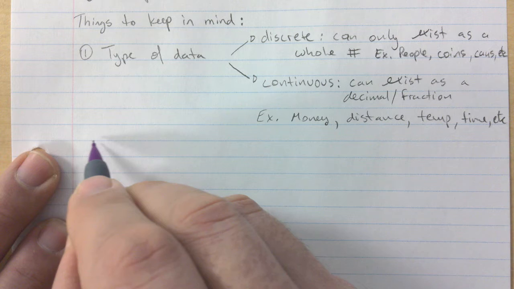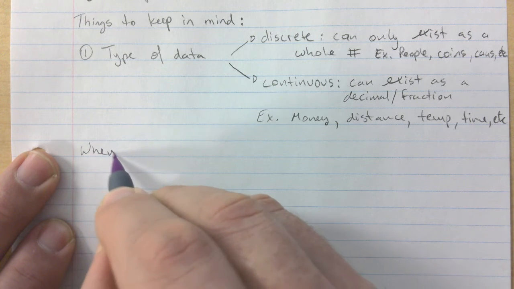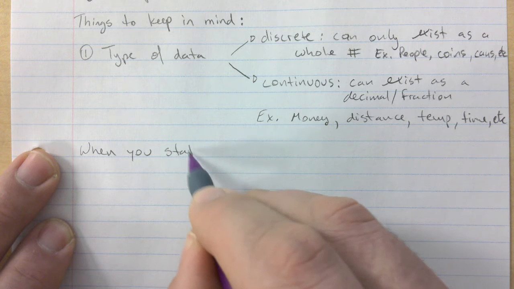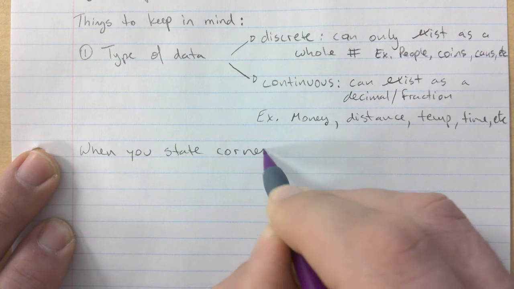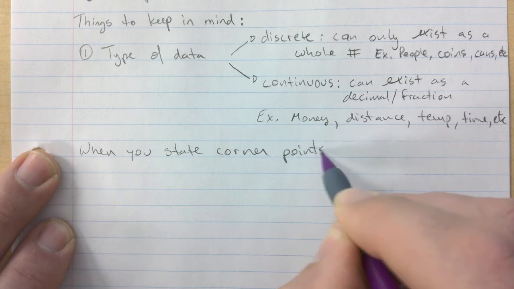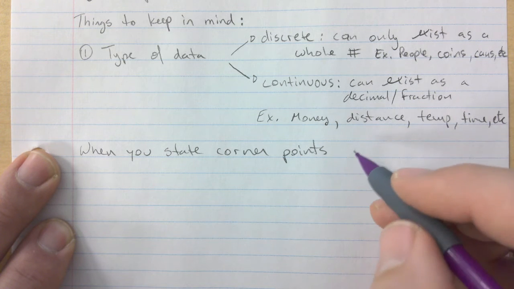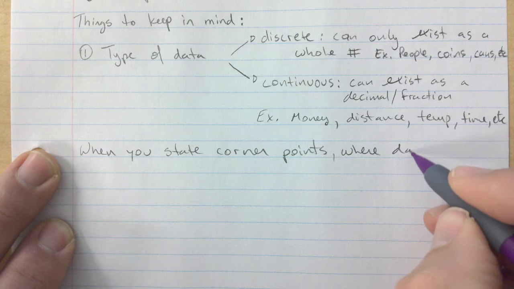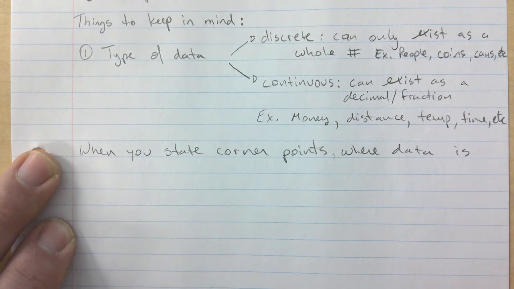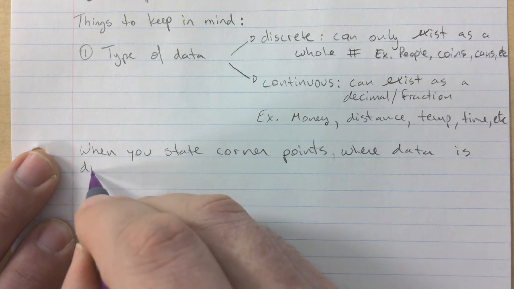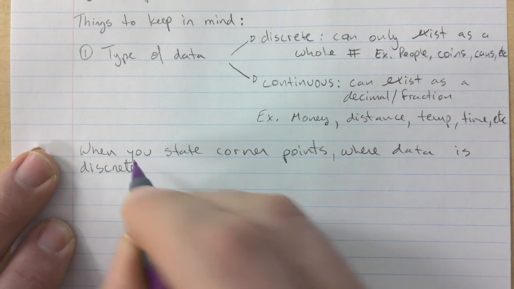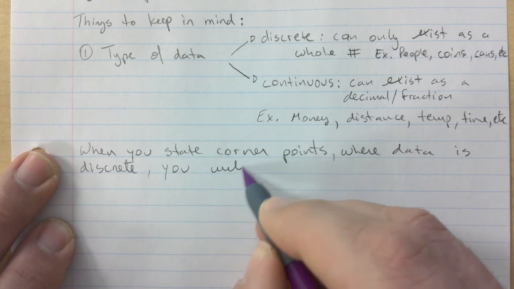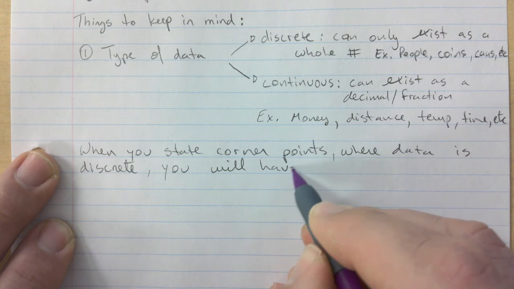And then down here, when you state corner points, where data is discrete, you will have to round.